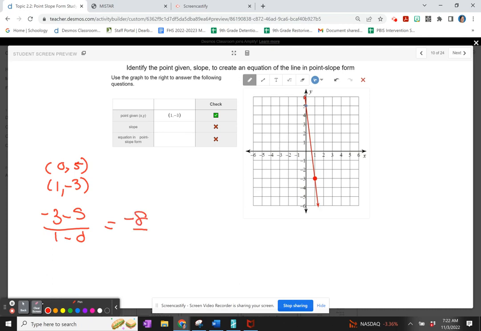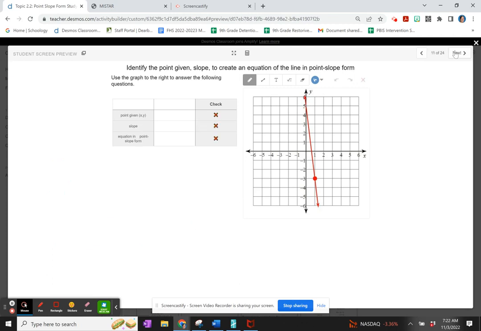So this is actually negative 8 over 1, which the coding I just wrote was negative 8. And then we put it into point slope form. Minus a negative is really a positive 3. And there we go.